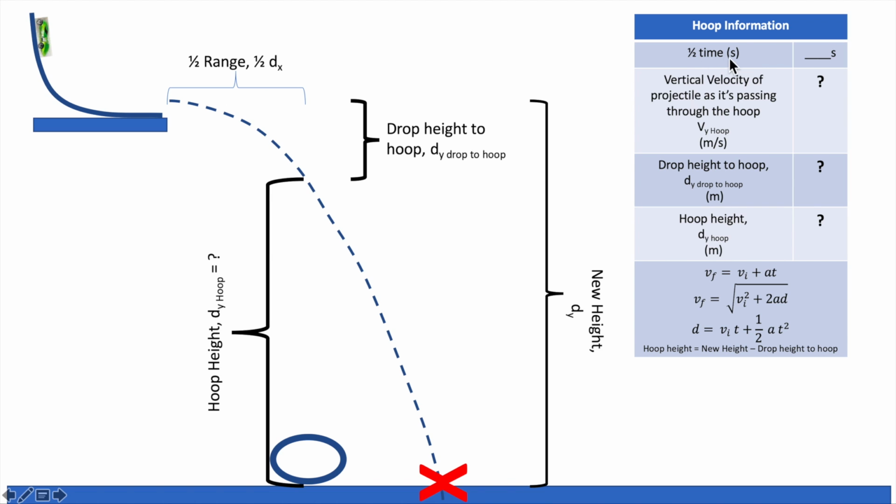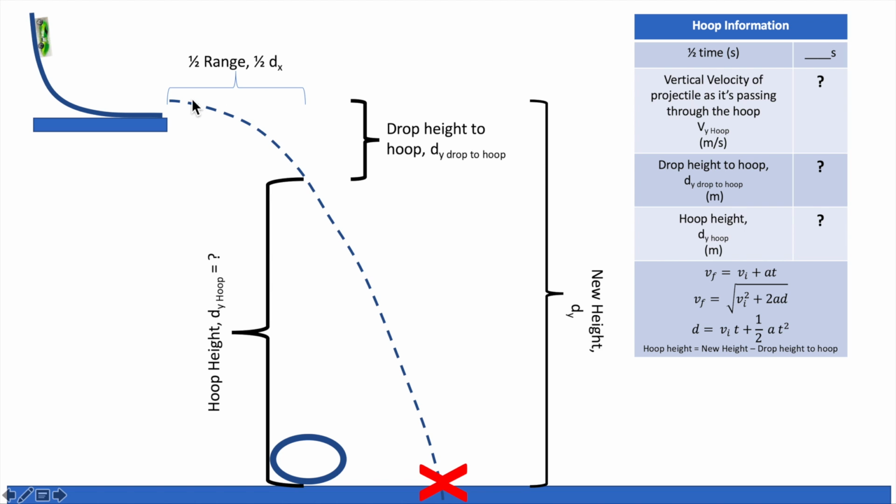Now, using that half time, you need to figure out how high up you have to place the ring. And you can't place it halfway. Again, that would only work if it's falling down in a straight line here. But because of a parabola, this would not work.